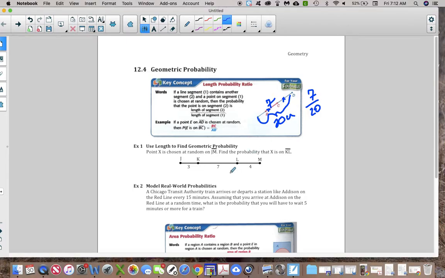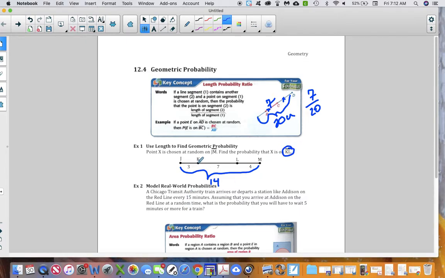Same thing down here. Point X is chosen at random on JM. I'm going to highlight JM here for just a second. There we go, JM. If you add these all together, 3, 7, and 4, that's 14 units, so JM is 14 units long. We want to know the probability that if I slap a random point down on this line, it is located on KL.